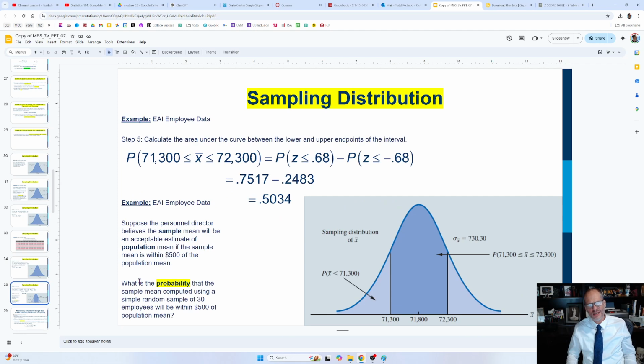Remember, our question is: what is the probability that the sample mean computed using a simple random sample of 30 employees will be within $500 of the population mean? Here's a picture of that, and the probability is 50.34%.